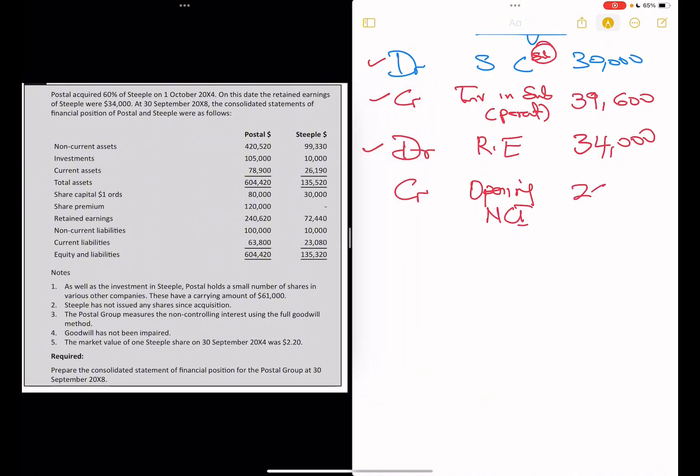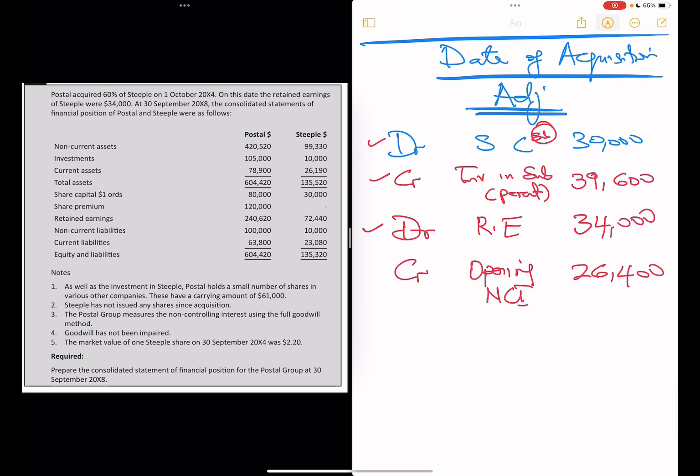So credit opening NCI 26,400. This is the date of acquisition adjustment we are posting, right? And there's a goodwill on this transaction, so that would be a debit, because we paid more than the net asset, it is a positive goodwill, and we got that to be 2,000.